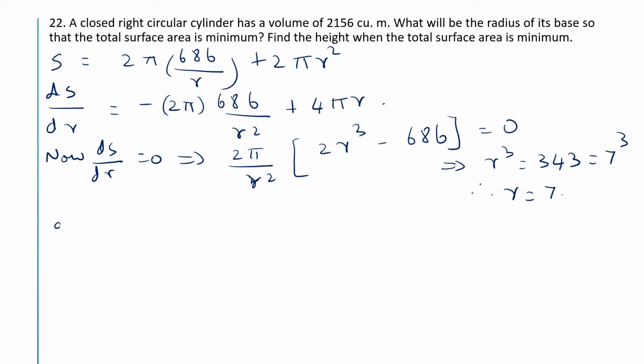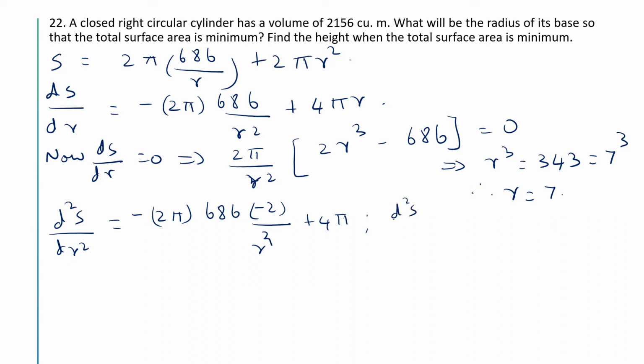Now let us find d square S by dR square to find the point of local minima. D square S by dR square is equal to minus 2 pi into 686 into minus 2 by R cube plus 4 pi.